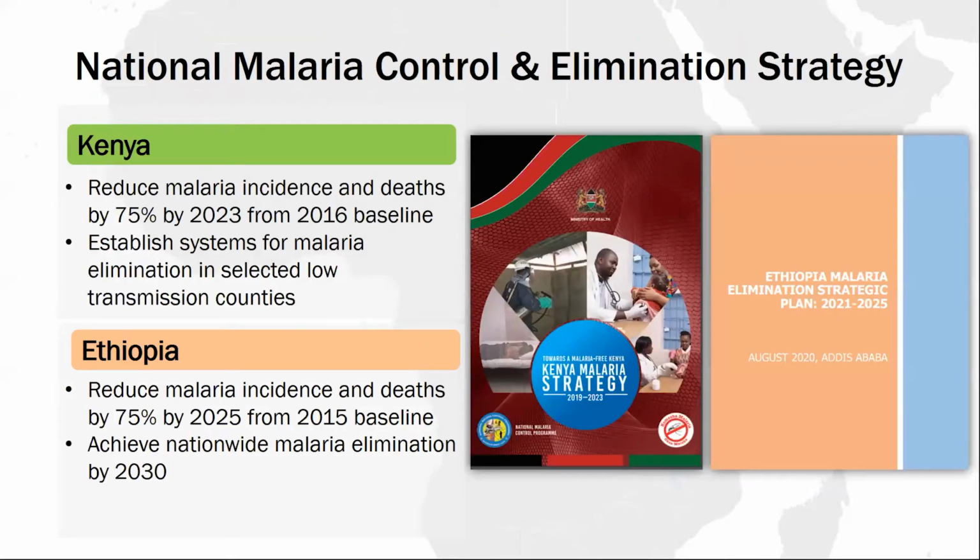We selected Kenya and Ethiopia as the focal study countries. The national malaria strategy of Kenya aims to reduce malaria incidence and death by 75% by 2023 from the 2016 baseline, and establish systems for malaria elimination in select low transmission counties. Ethiopia aims to reduce malaria incidence and death by 75% by 2025 from the 2015 baseline, and achieve nationwide malaria elimination by 2030.